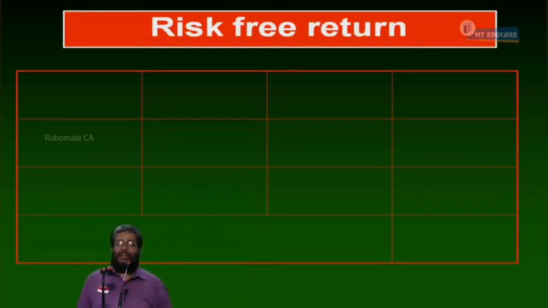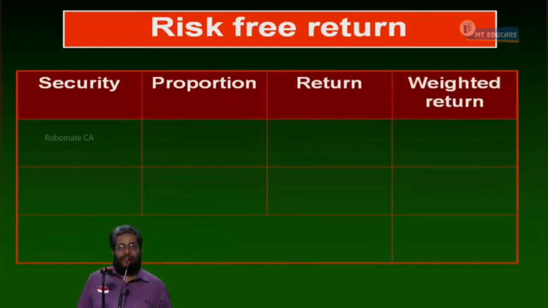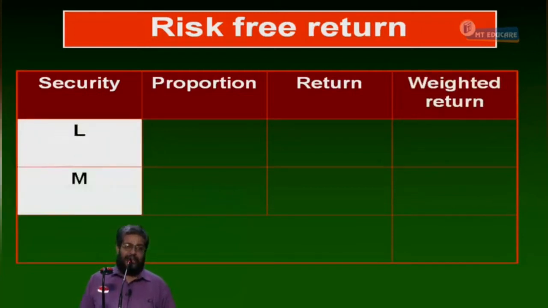So tell me what are all the columns? Security, proportion, return and weighted return. What are two securities? L and then M. What are the proportion of L and M? Tell me the number.